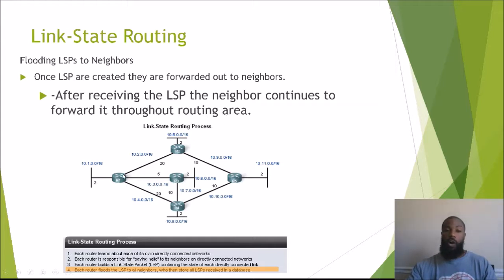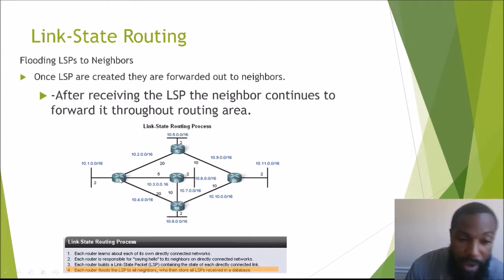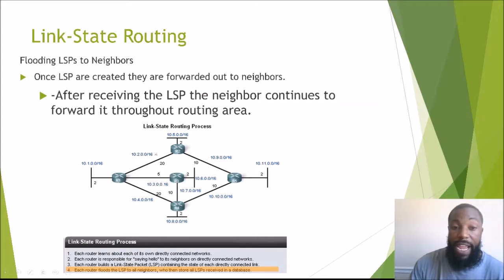So router 1 receives information. He has a routing table. He learns about his own network. That's the fourth step right there. Each router floods the LSP. So I know about router 3 and 4, and 5 and 2, right? Those are directly connected to me as I'm router 1. So I send information to them.